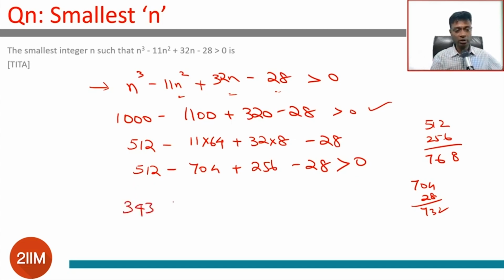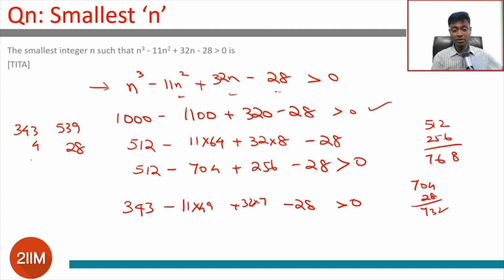So 343 minus 11 into 49 plus 32 into 7 minus 28 greater than 0. Is this true? 49 into 11, 490 plus 49 is 539. So 343, 539, 28, 32 into 7, 7 2s are 14, 7 3s are 21 plus 1, 22.